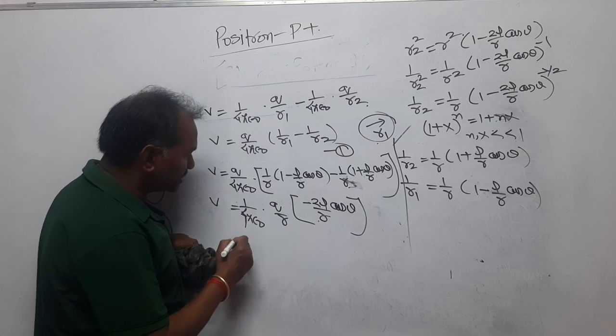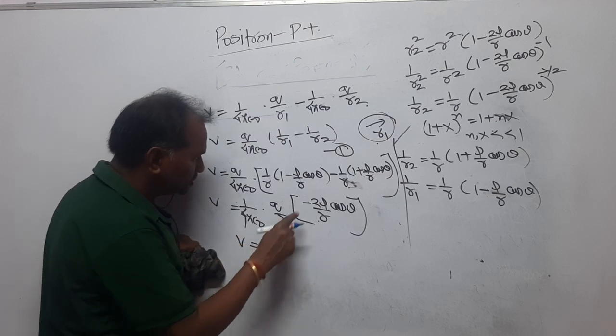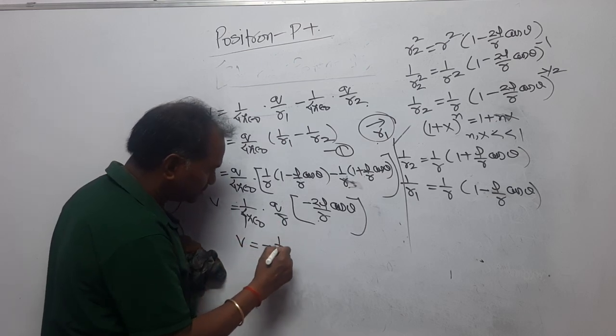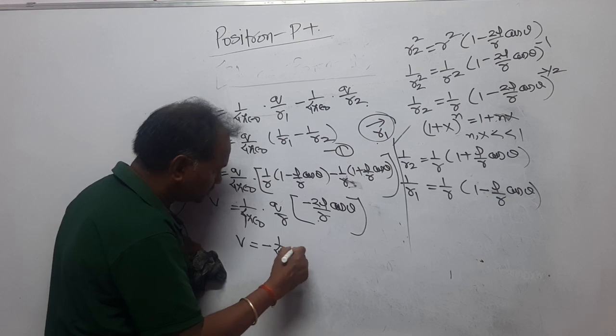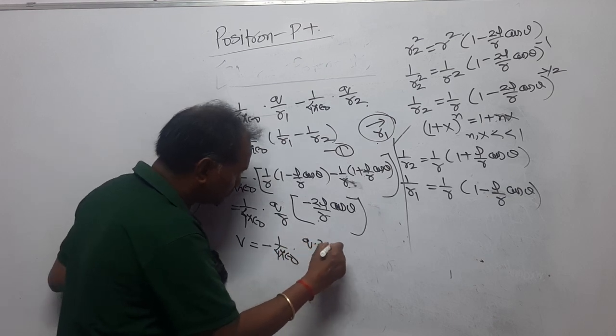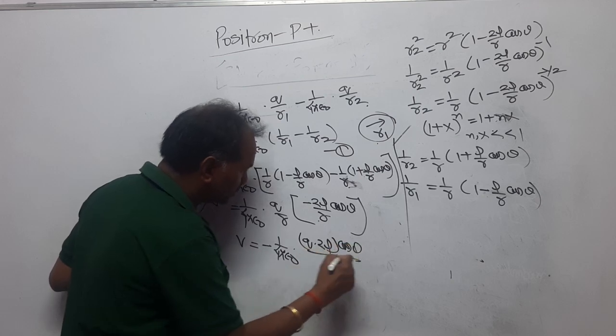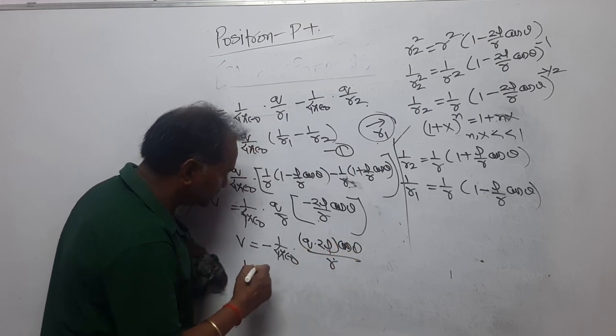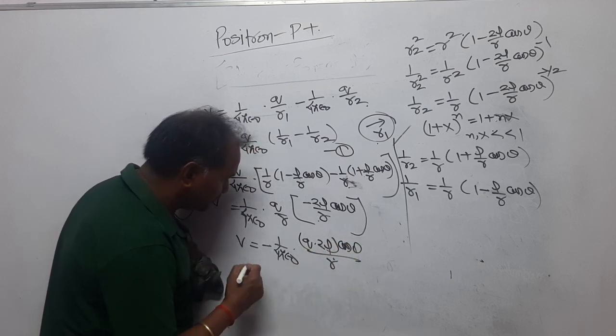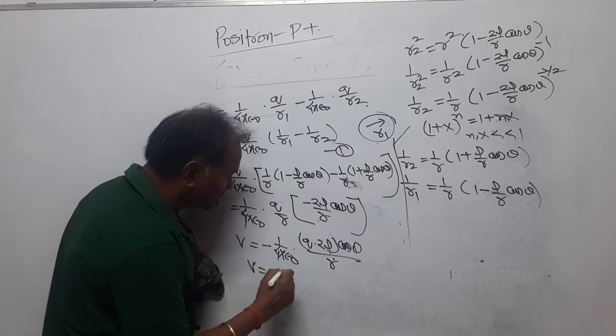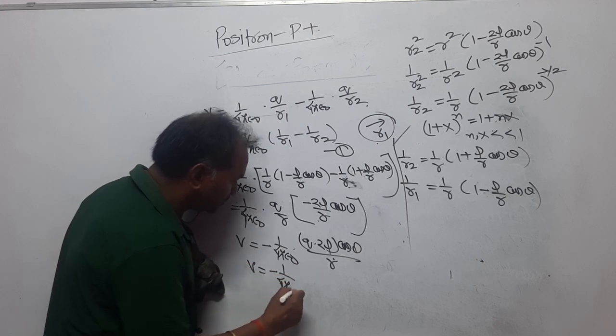Or you might write V is equal to minus, taking out Q into 2L cos theta upon R, or V is equal to minus 1 upon 4 pi epsilon naught.